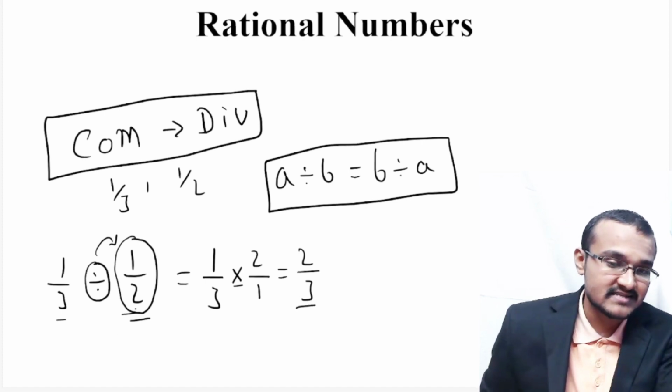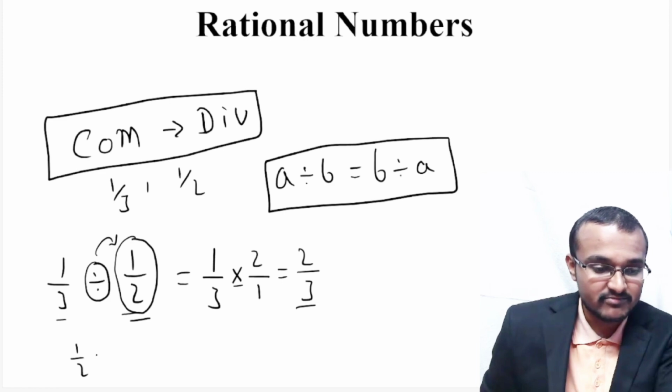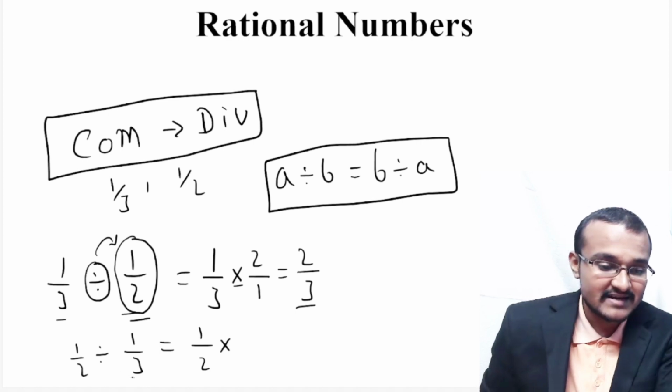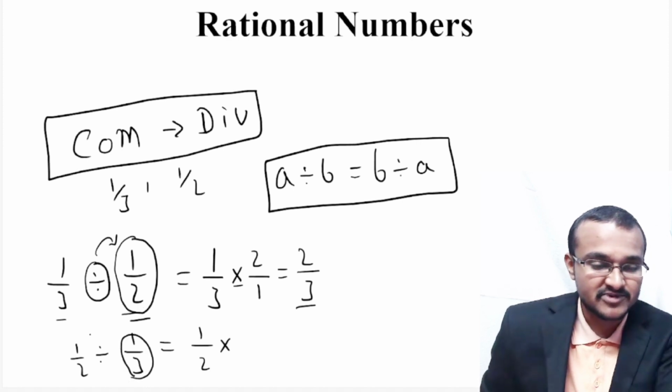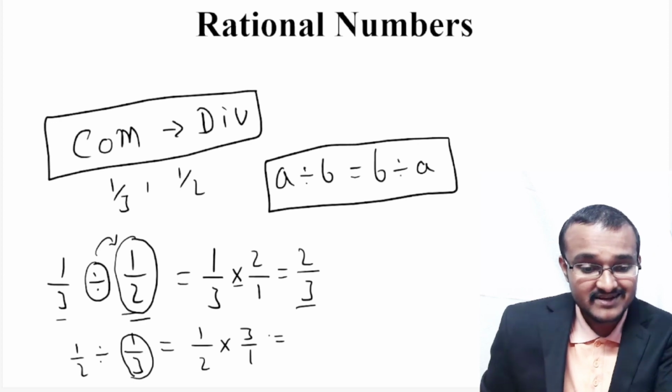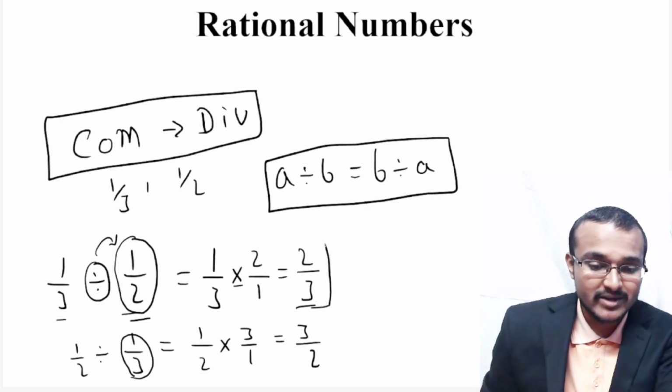Now if you interchange the a and b positions, then it will be 1 by 2 divided by 1 by 3. So again you will change this to multiplication and interchange the numerator and denominator of the number after the division symbol, that is 3 by 1. So again you get 3 into 1 as 3, 2 into 1 as 2. So here you are getting 2 by 3 as your answer, and here you are getting 3 by 2.